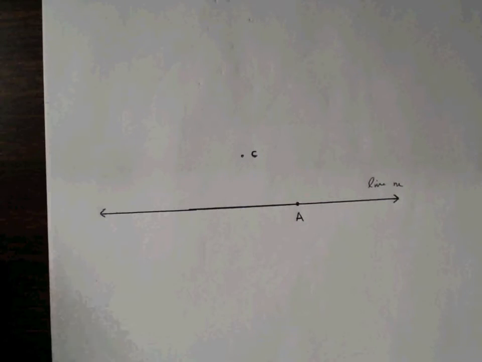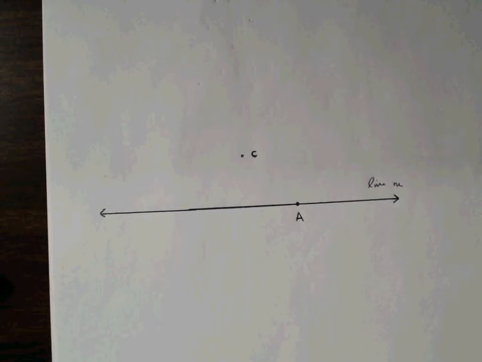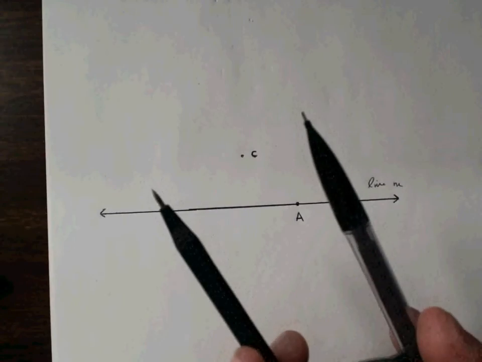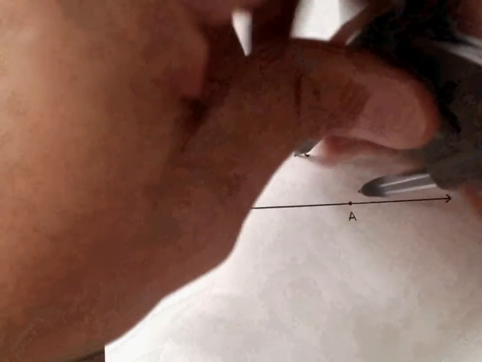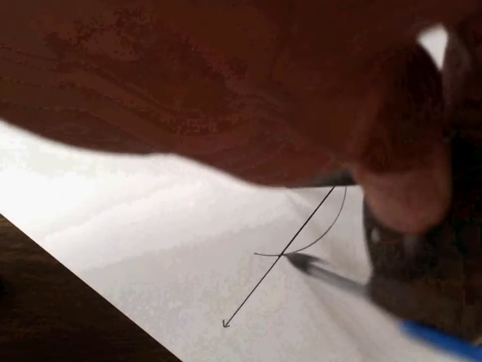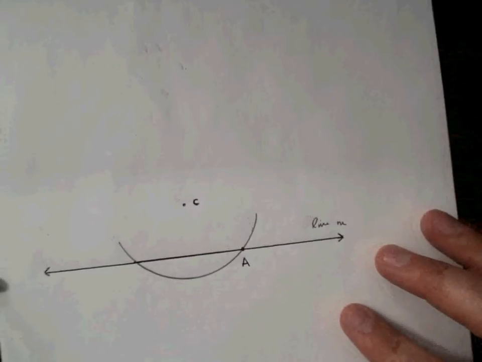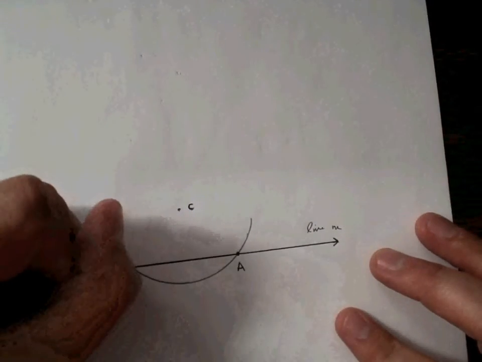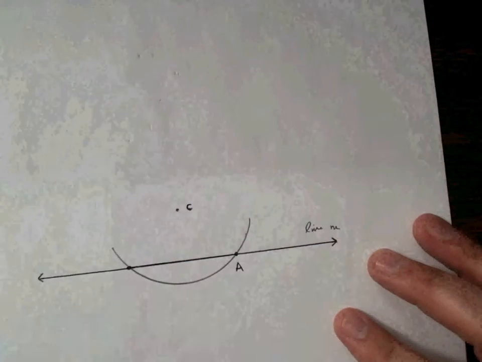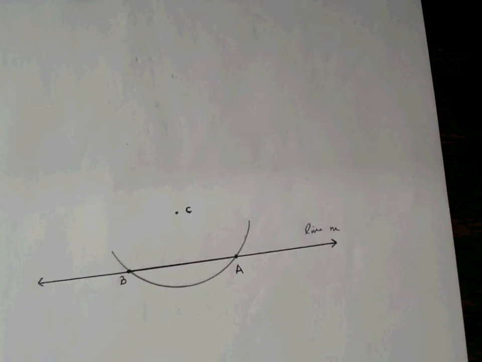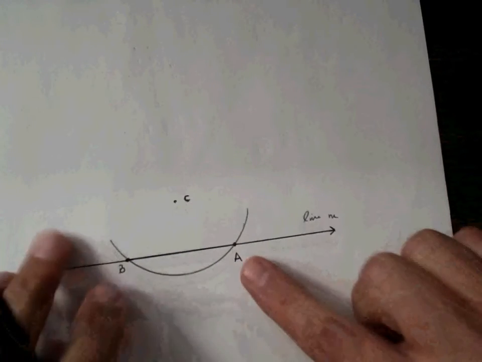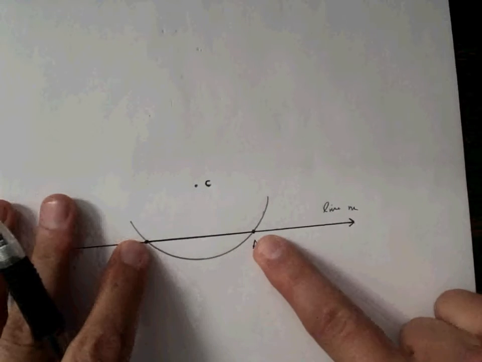So instead of randomly picking it, I'm still randomly picking it by the dimension of my compass, right? But really what I'm doing is I'm picking a point on the line, and now I created a segment. I'm going to call that B, right? Create a segment. And now I have a segment here to work with that I could pass it through.